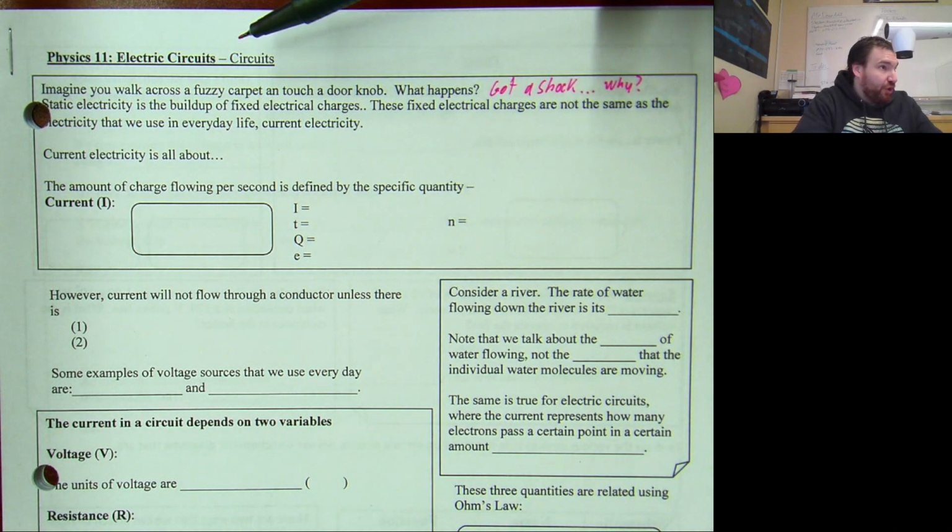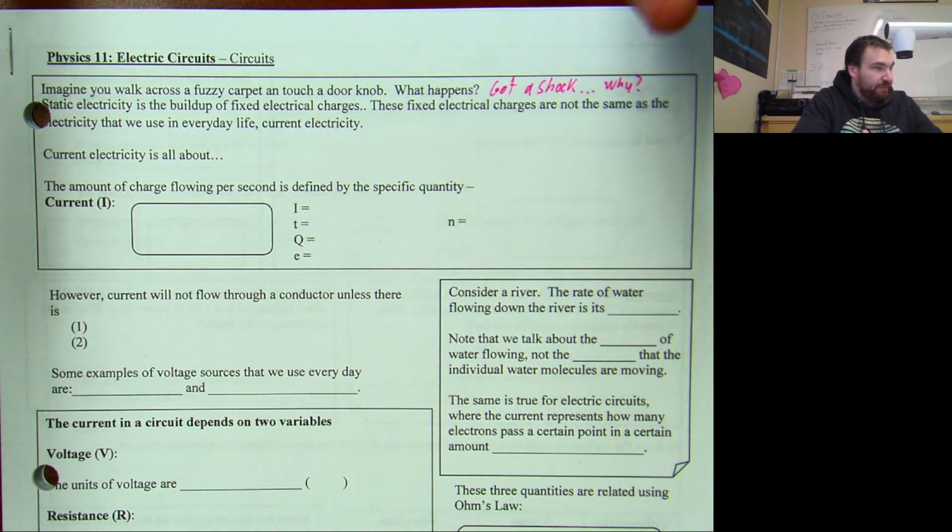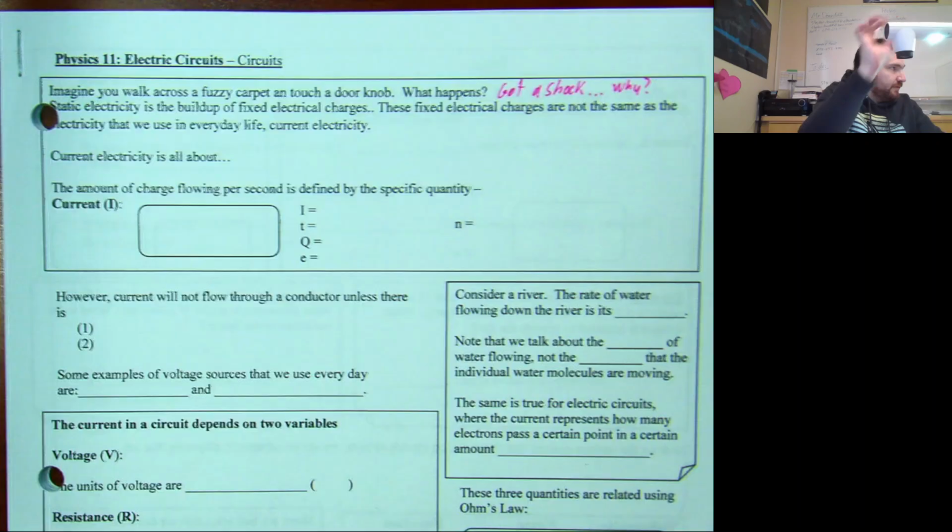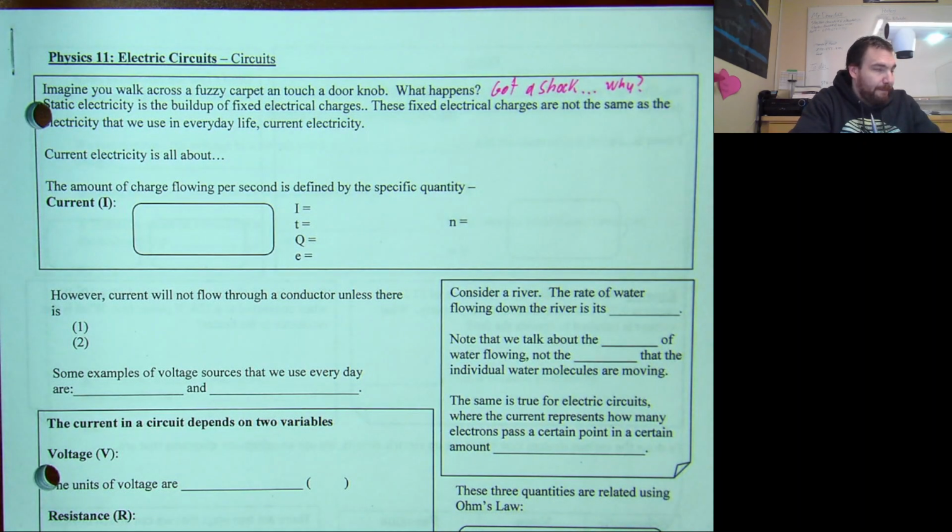So this is where we talk about charges repelling each other. Like charges repel, opposite charges attract. So if I have two electrons, they're going to repel each other. If I have an electron and a proton, they're going to attract each other. This is the basis for basically all of chemistry. But this is circuits. How is circuits different than electrostatics? Circuits require what?